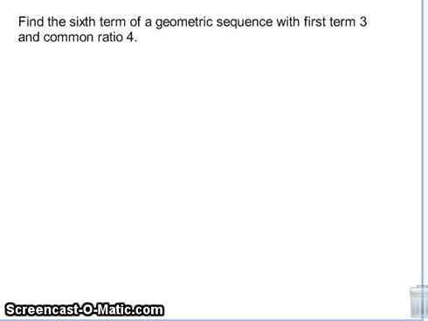This one says find the sixth term of the geometric sequence with a first term of 3 and a common ratio of 4. So let's start with our formula of a sub n equals a sub 1 times r to the n minus 1.